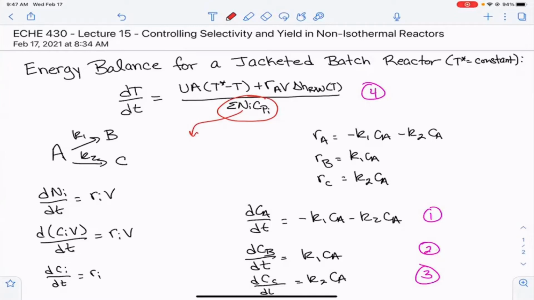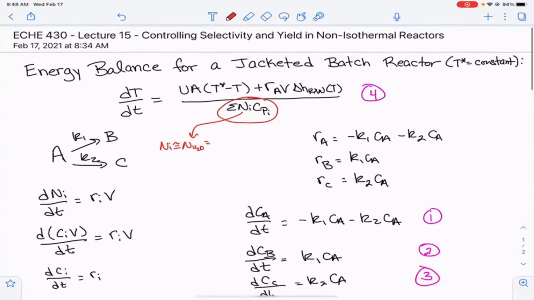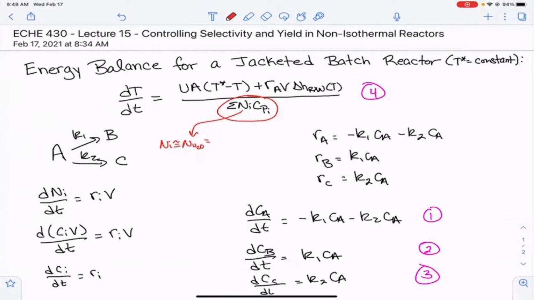And so if we think about it this way, that Ni is approximately just N water, well, we really then can just say, look, the number of moles of whatever is in our system is just the mass, which is the density times the volume, divided by our molecular weight. And if it's water, of course, we're going to use 18. So in this particular case, we're going to say that Ni is basically a constant.